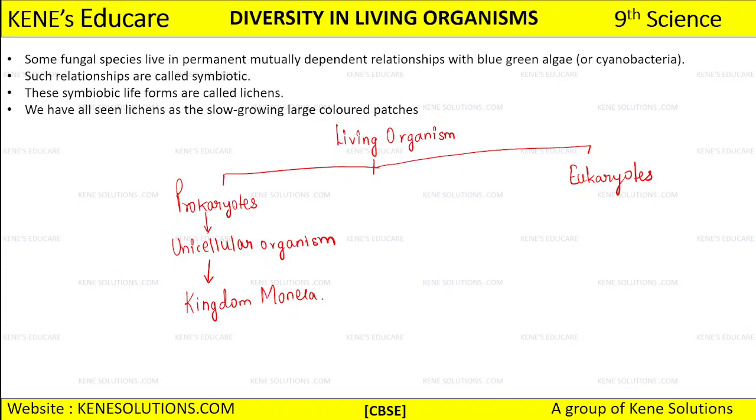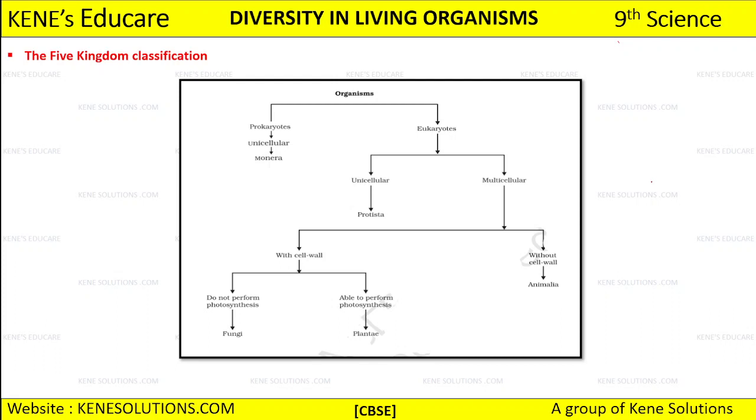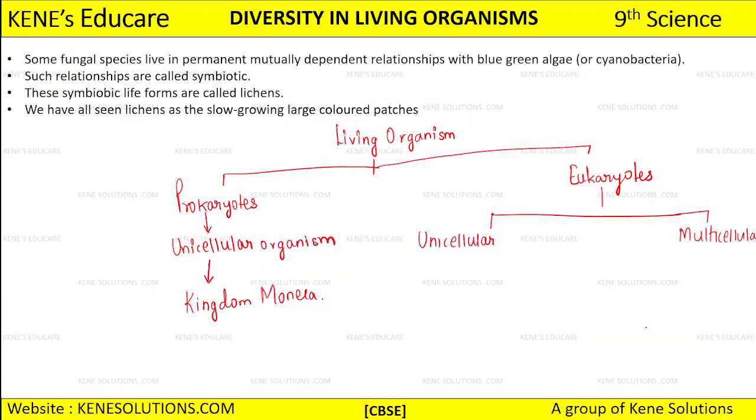Now when it comes to eukaryotes, we have unicellular as well as multicellular organisms. Unicellular के अंदर we have kingdom Protista, and then multicellular is further divided into with cell wall and without cell wall.